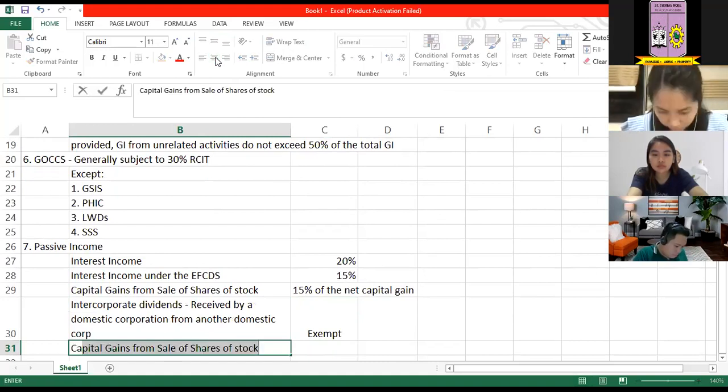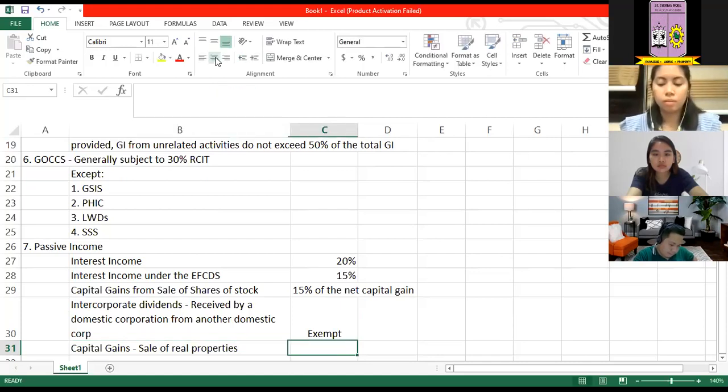Capital gains from sale of real property. Real properties. Again, we have 6%.